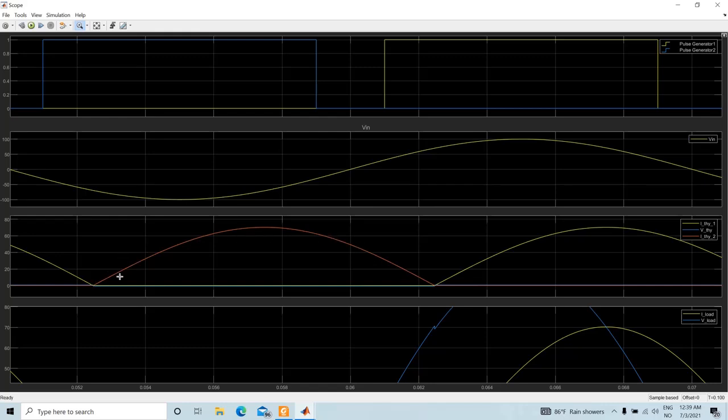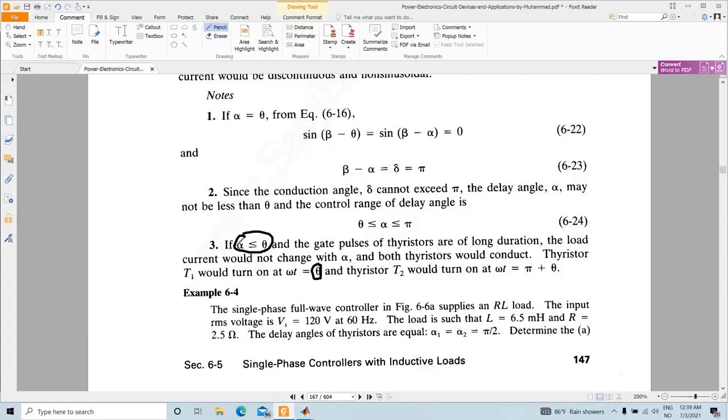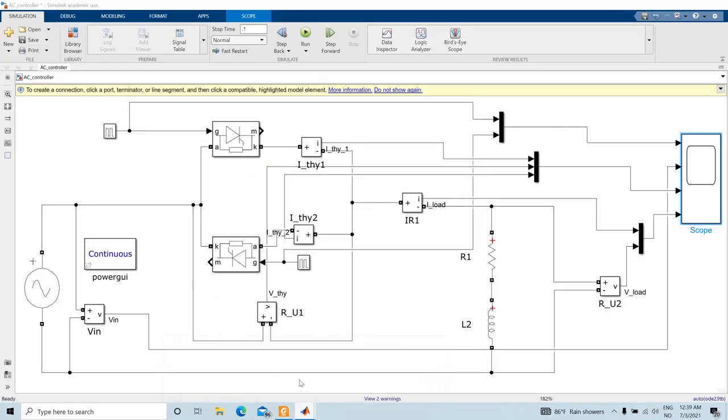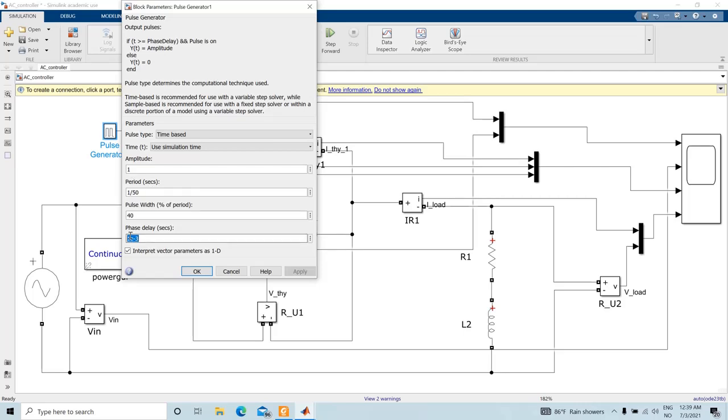That means that when alpha is less than theta, you do not have any controllability of the output voltage, so you can no longer control the output current. You can control the output current when you have a delay angle higher than the theta value. In this particular case, theta was 2.5 millisecond.